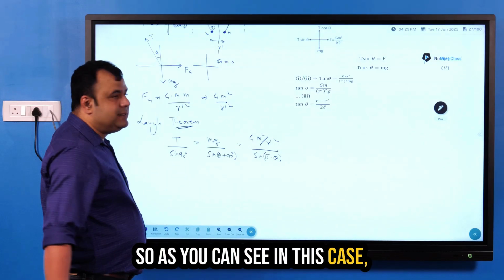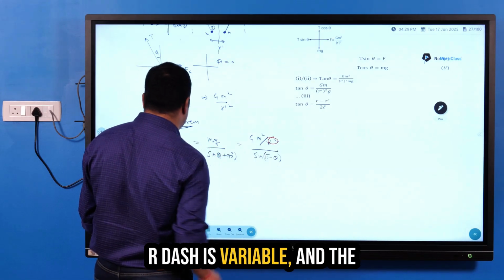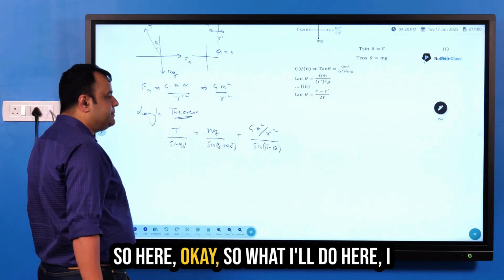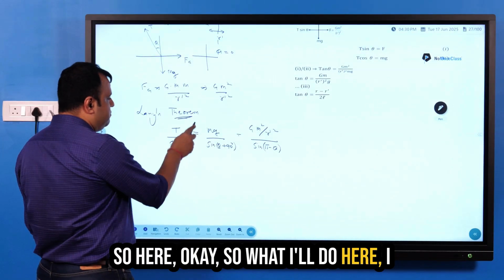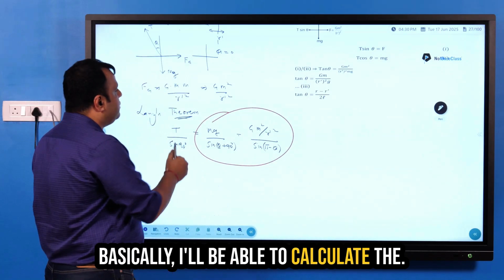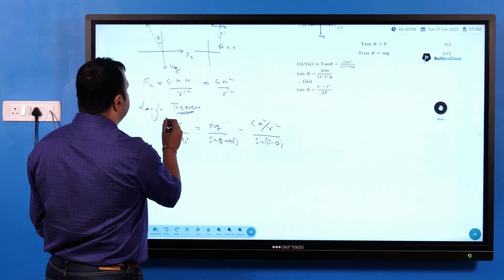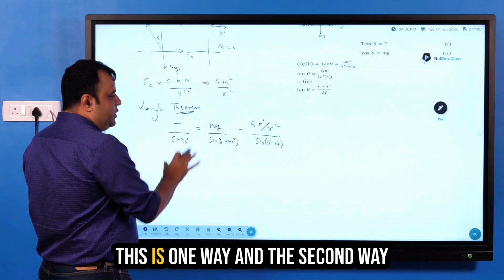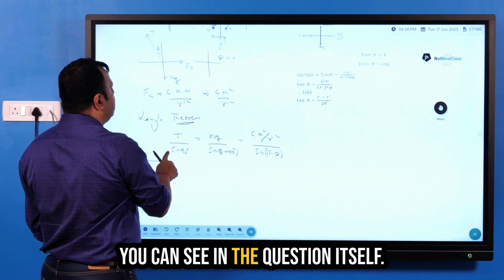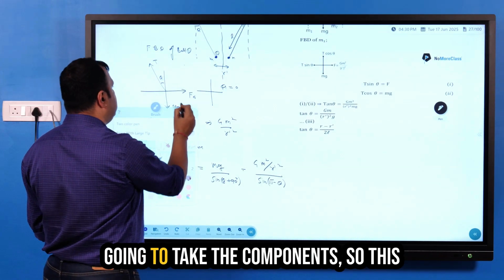As you can see, in this case, there are variables: theta is a variable, r dash is a variable, and the tension is also a variable. So I can go for this or I can go for this, and I'll be able to calculate r dash. This is one way. The second way is the FBD. In the FBD, as you can see in the question itself, I'm going to take the components.